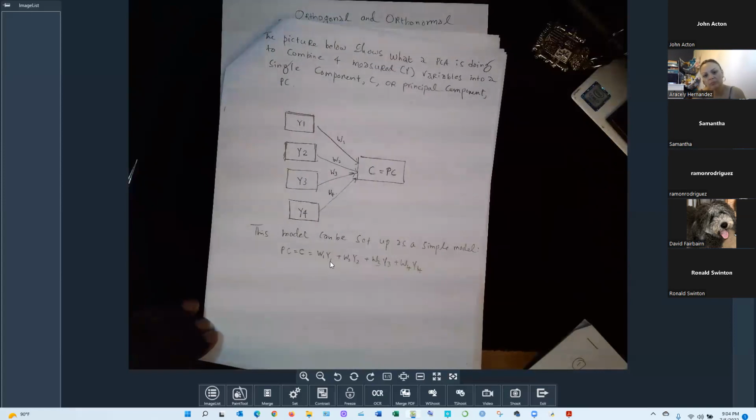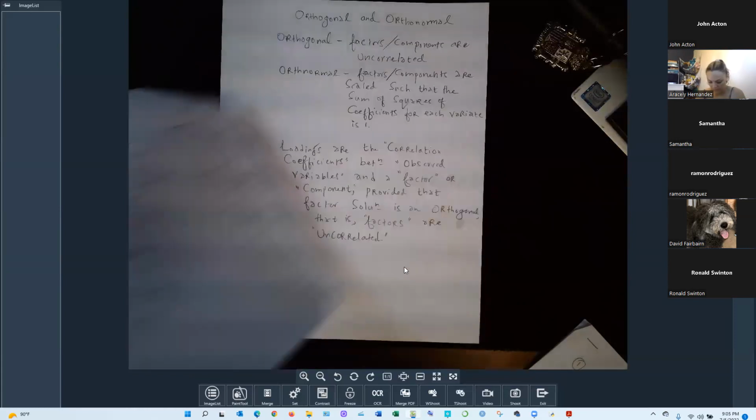This loading is nothing but the correlation coefficient between these two. And so do we see the other ones too. W2 means the correlation coefficient between PC and Y2. The correlation coefficient between the PC and Y3. The correlation coefficient between Y4 and PC is called W4. Those are the loadings.